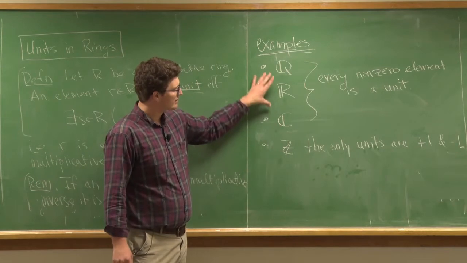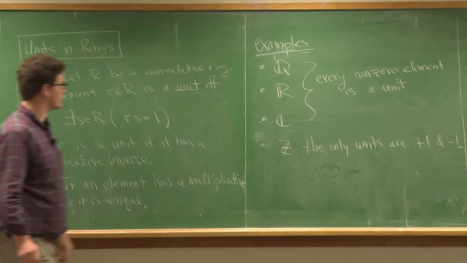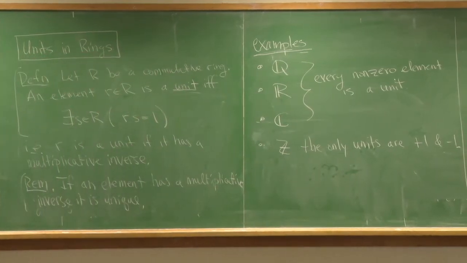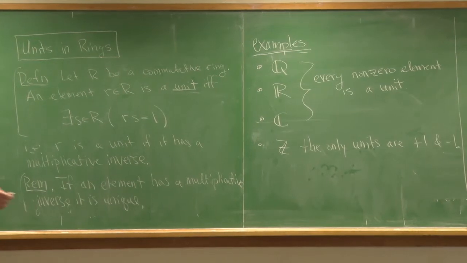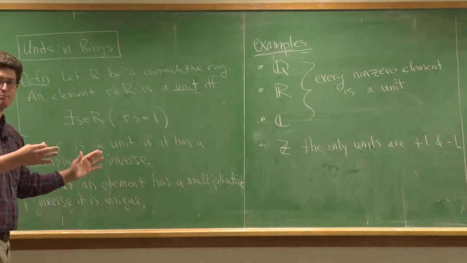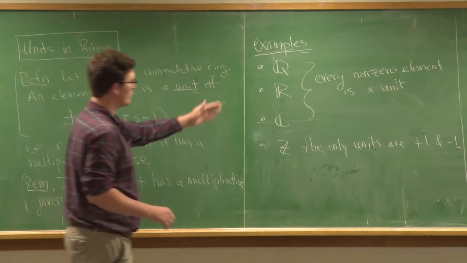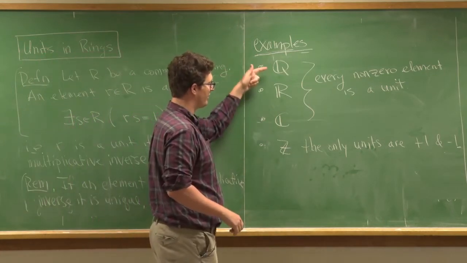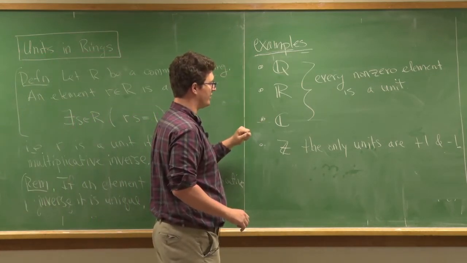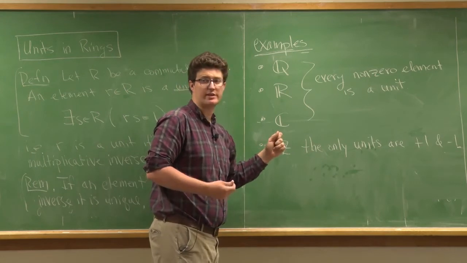So these are special rings where every non-zero element is a unit, and they have a name. I slipped and said the name because that's what I was thinking of. When you have a ring where every non-zero element is a unit, it's called a field.